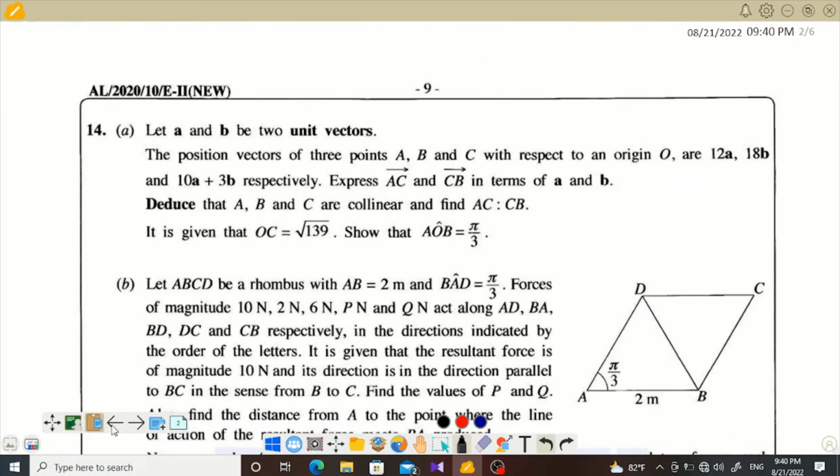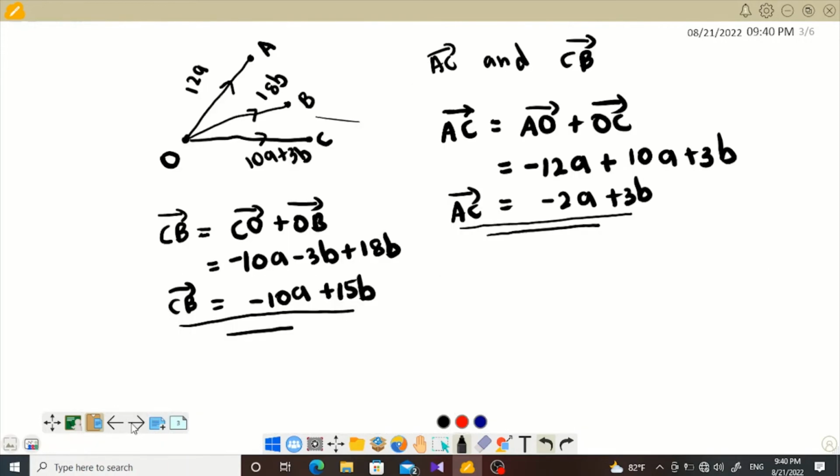Then deduce that A, B and C are collinear and find the ratio AC to CB. Now we have to show that points A, B and C are collinear. For that I am going to simplify this CB vector. 5 is common for the 10 and 15, so I take it out.